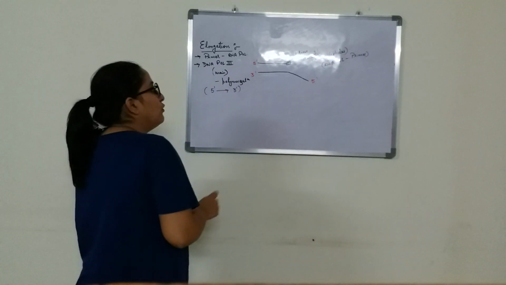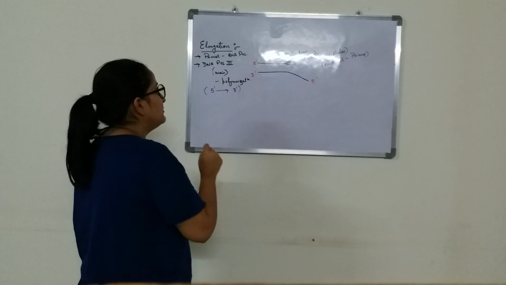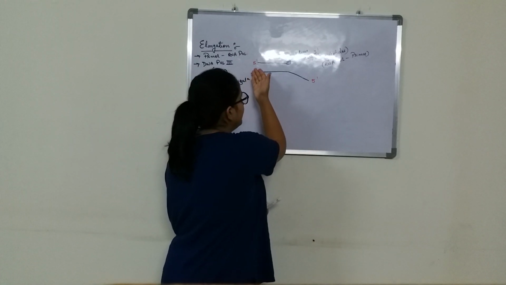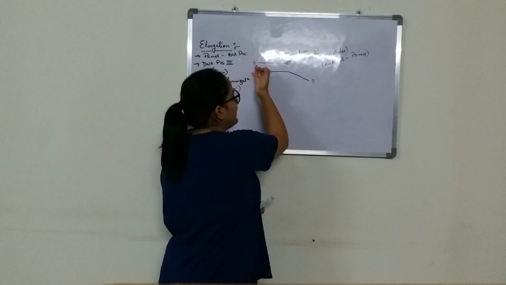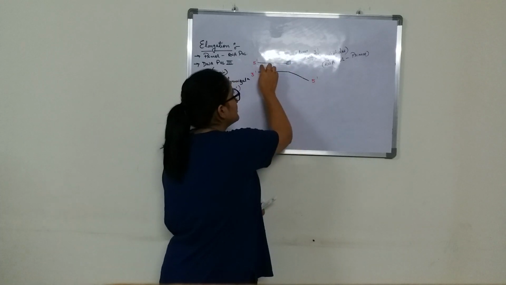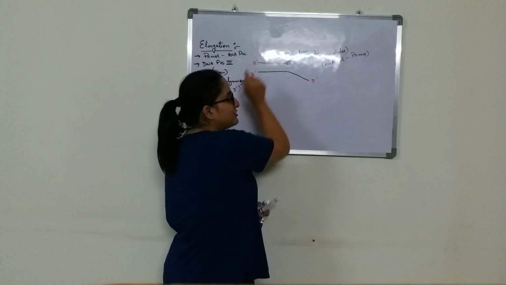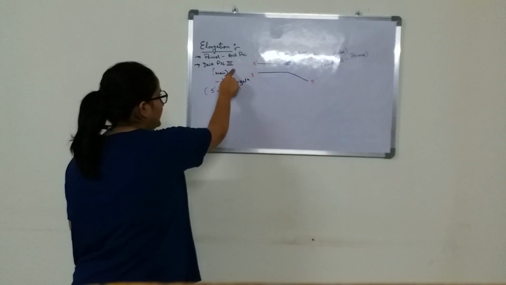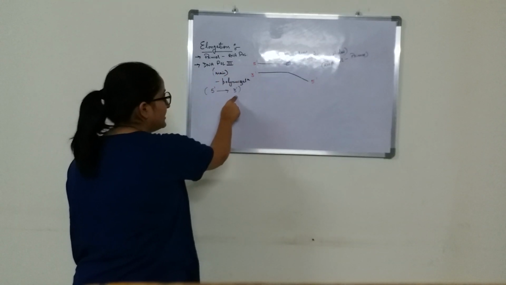Now what happens, DNA polymerase 3 is uploaded now. For DNA polymerase 3 the way is very clear in the upper strand, because DNA polymerase 3 works from 5' to 3'.